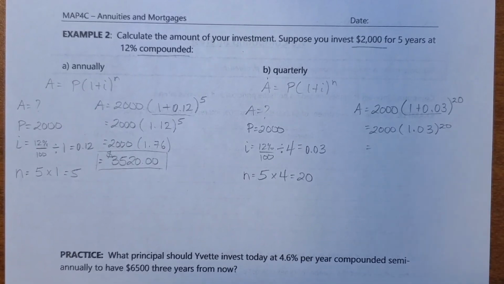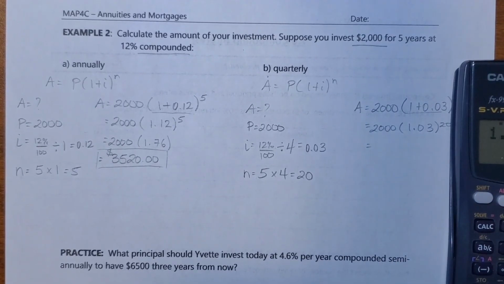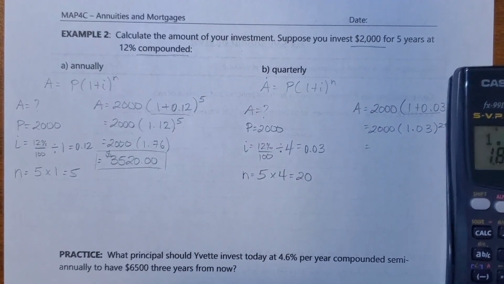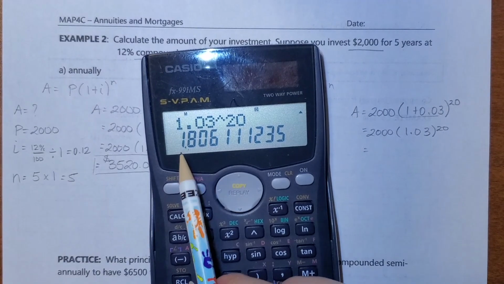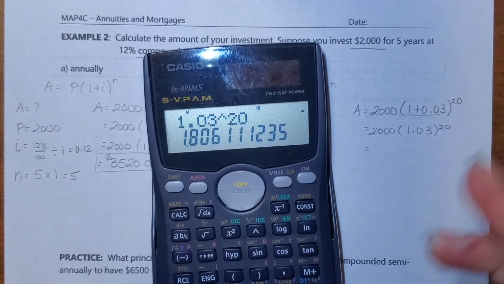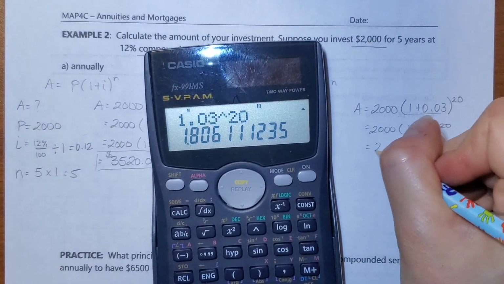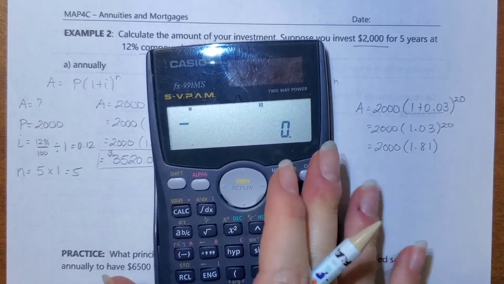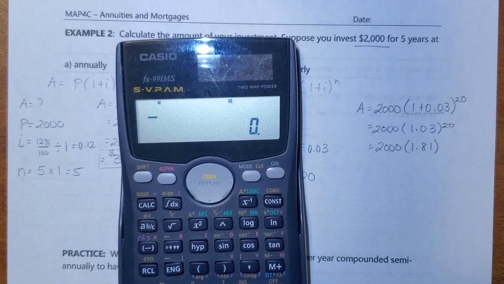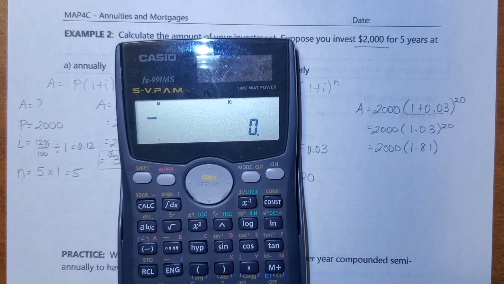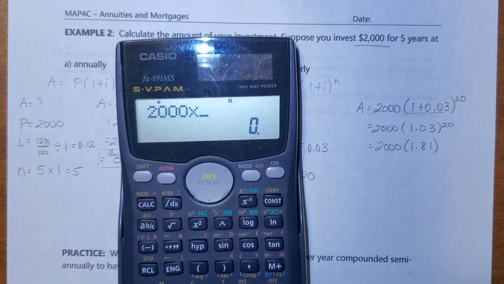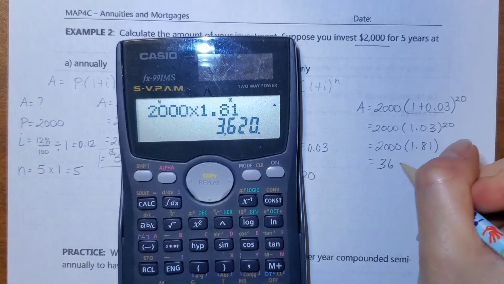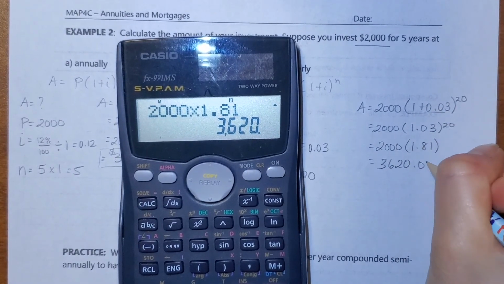Deal with the exponent, so we can calculate that. 1.03 to the exponent 20 is 1.8. We're going to round to 1.81. We then will calculate as our final step, 2,000 times 1.81 equals $3,620.